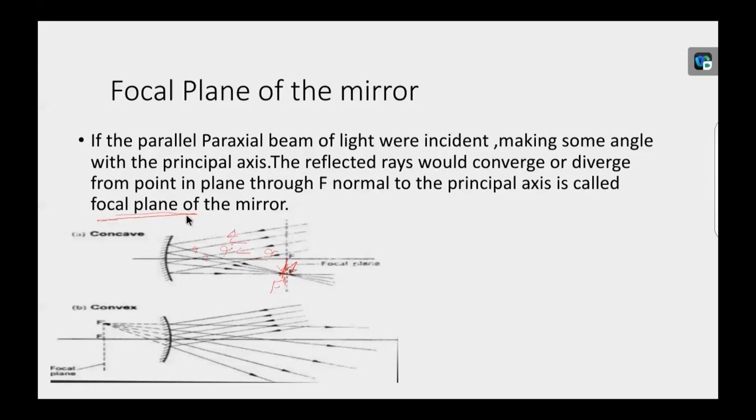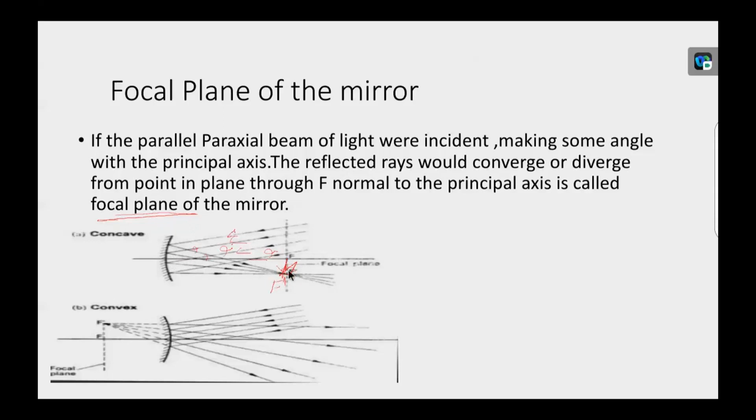A plane which is perpendicular to the principal axis and passes through the focus is called the focal plane of the mirror. Here, all the parallel rays are not parallel to the principal axis. They are inclined, making some angle with respect to the principal axis.